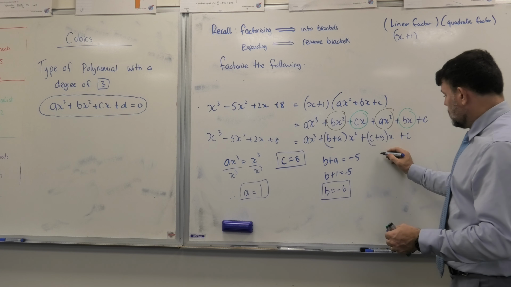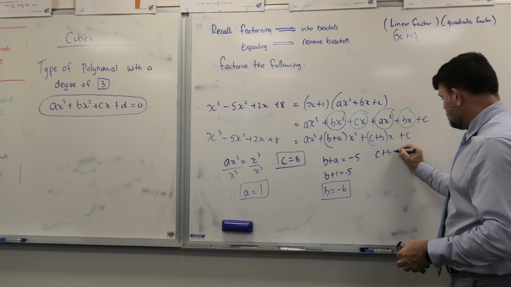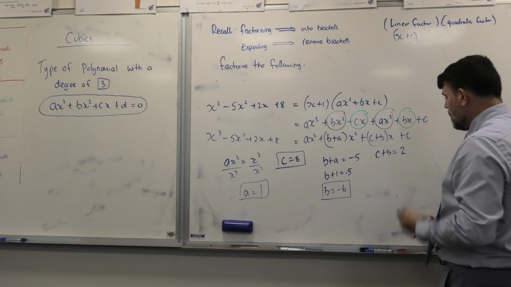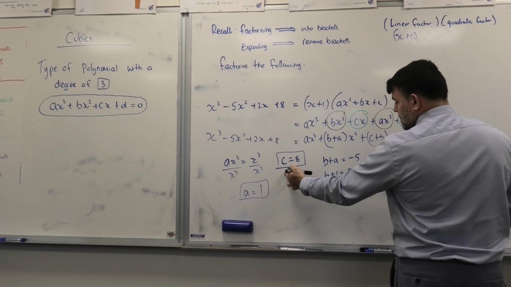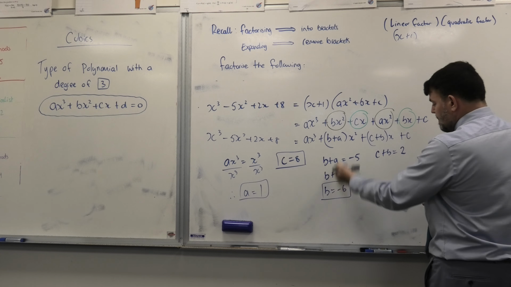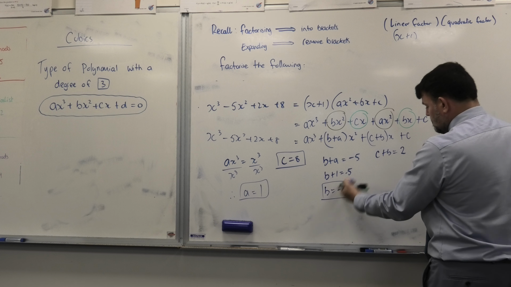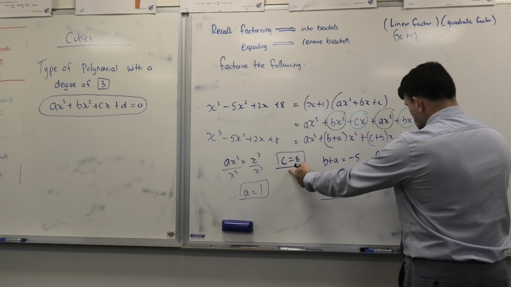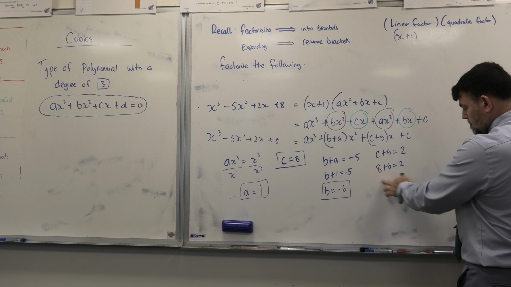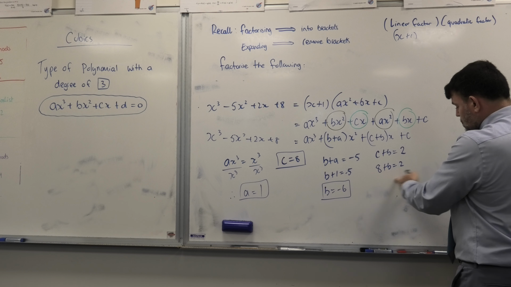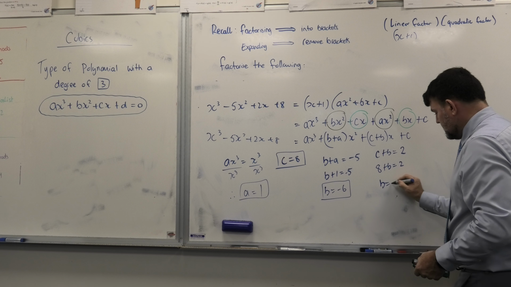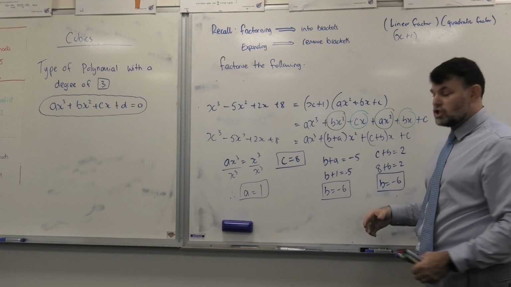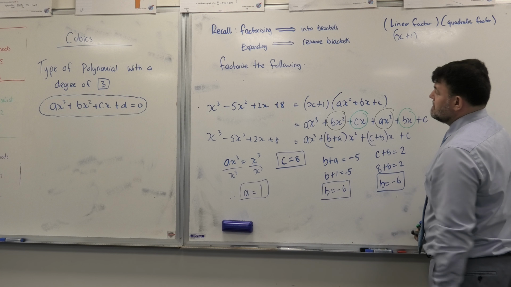We've got c plus b, which is equated to positive 2. I already have a value for c. I'm not going to plug b in because I want to prove that b is constant all the time; it's always going to be negative 6. So if I replace c with 8, I'm just going to bring the 8 across. Change the side, change the sign. So b is equal to negative 6. So I have indeed shown that b does equal negative 6.